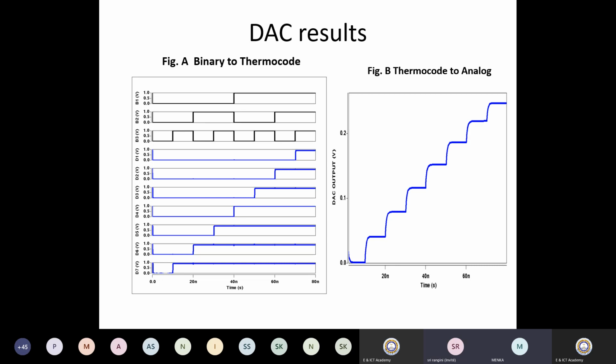So you can see when all zeros are there, the outputs of thermometer codes are also all zero. And then when a single one in the binary code is there, the output only one bit is one. I mean, thermocode is having only single bit one. So it means this is going to contribute to the output.